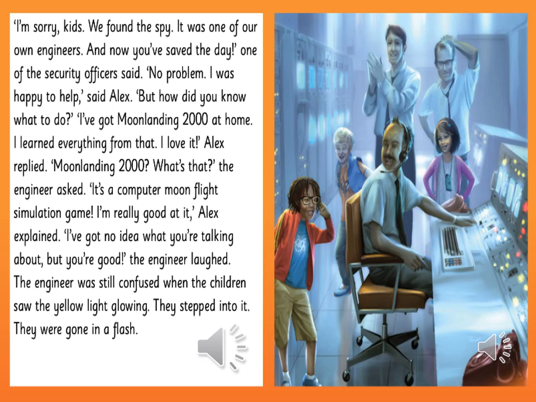Alex said he has a game called Moon Landing 2000, and he learned everything from that. But the engineers didn't know about the game because they are from the past.